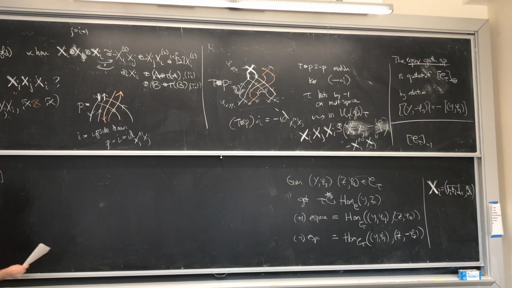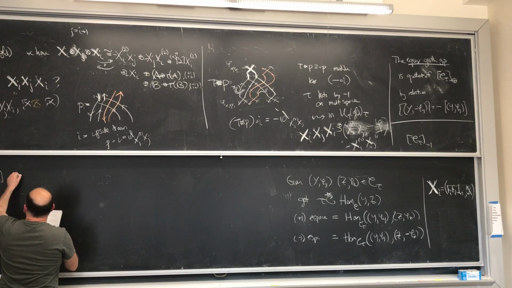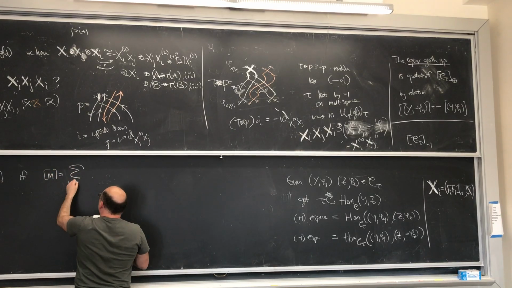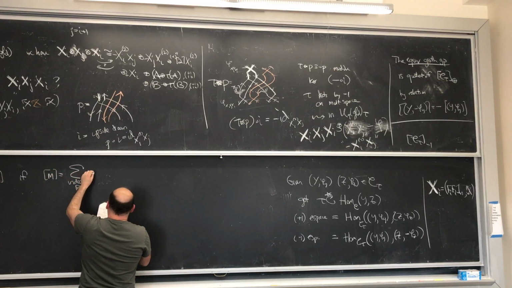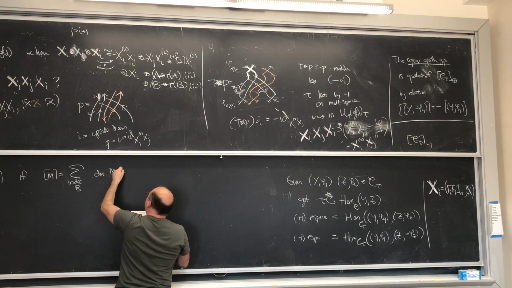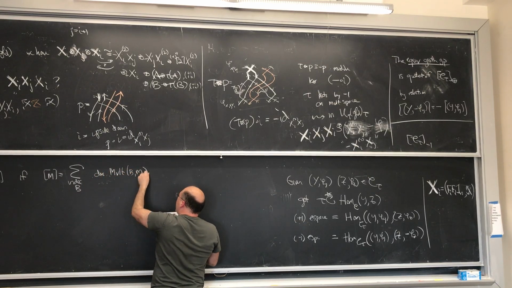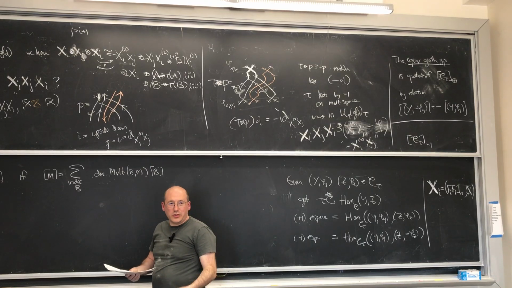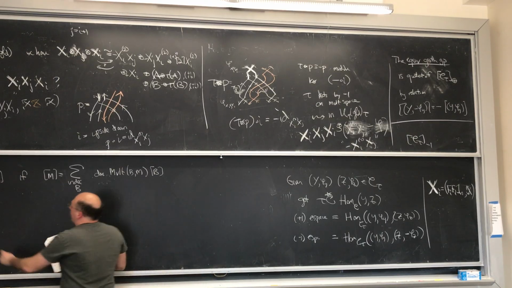Yes, that's right. So in C, if an object M is the sum over indecomposables B of the dimension of the multiplicity space of B in M times B, that's how things normally decompose in your usual additive category.